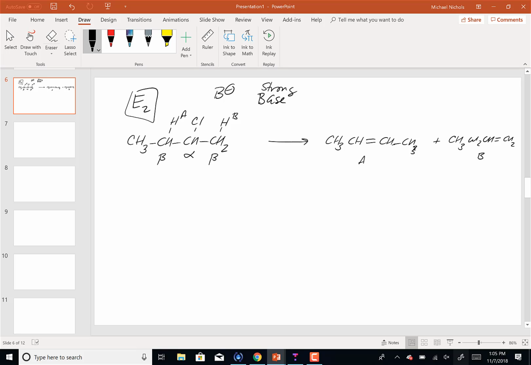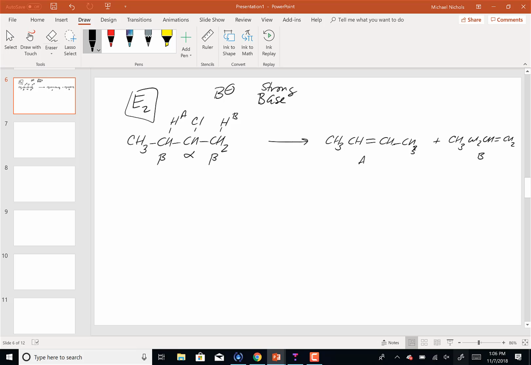Now, in the E1 mechanism, you form the carbocation, the H+ just kind of falls away, it combines with something else in solution, but there's nothing actively ripping that hydrogen out of there. Not so in E2. In E2, the base's role is to come in, take a beta hydrogen, and start the process.